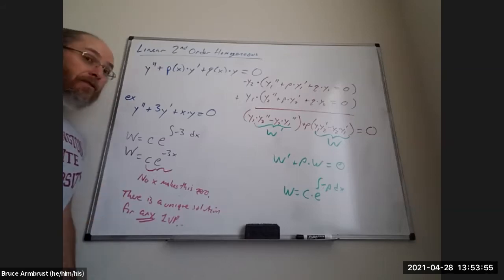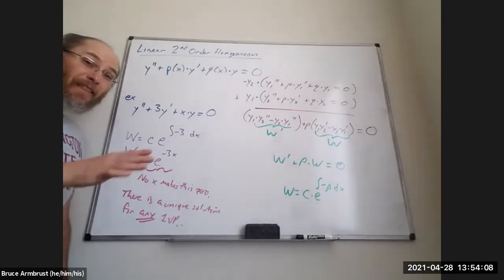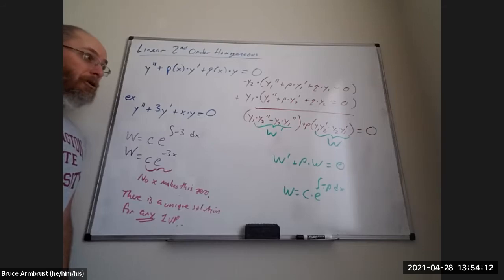Right? It also tells me that whatever my fundamental set of solutions are, they're going to be such that the Wronskian gives me e to the minus 3x. Well, that even tells me a little bit about the structure of these things. Right? Like think about the Wronskian, how it's formed.